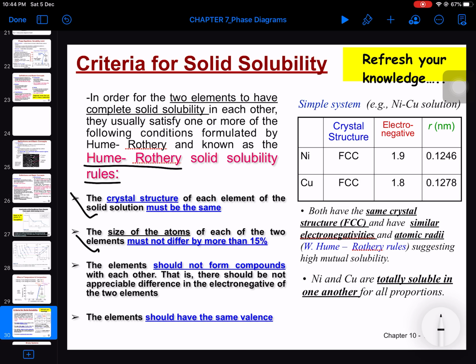And the elements should have the same valence. One classic example of a combination of elements that have a complete solid solution and obey all the Hume-Rothery rules is nickel and copper.